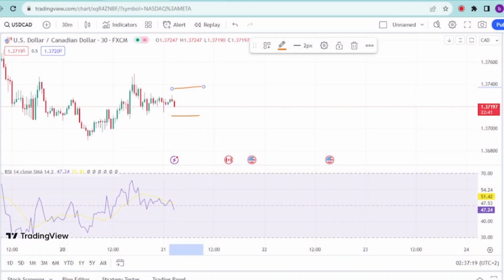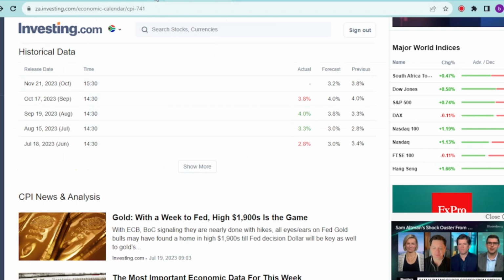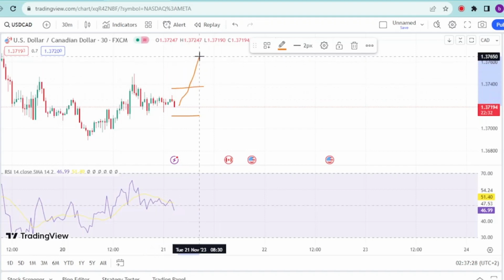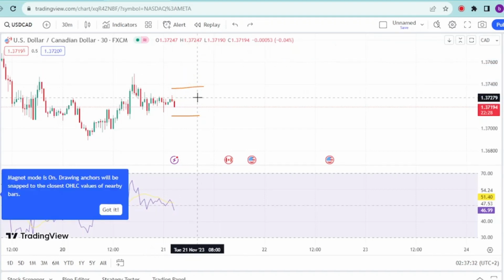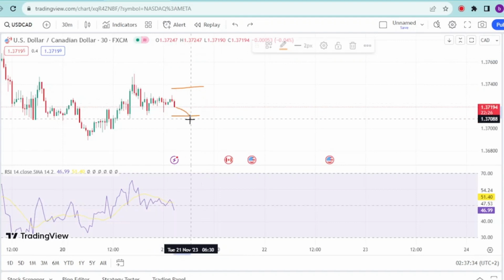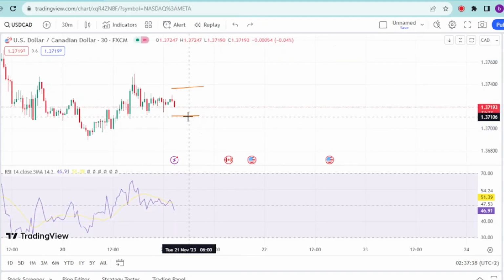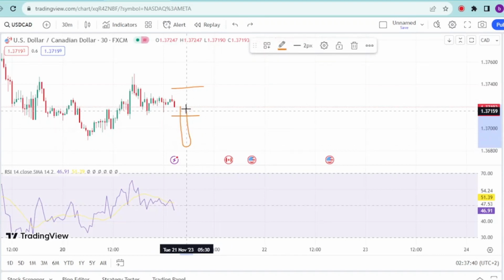Let's say, for example, if the actual news release is lower than the forecast, you would have this. If it's higher than the forecast, you would have a candle like this.